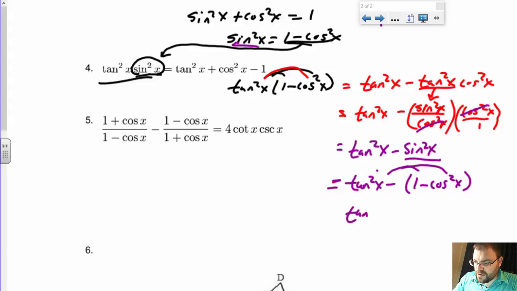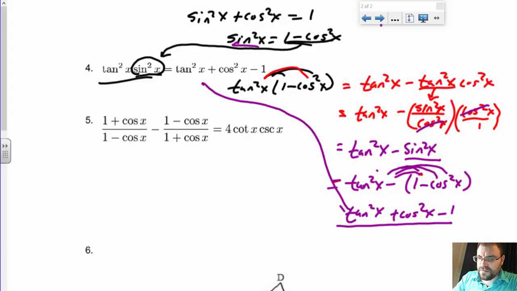So this will give me tangent squared x, and then a negative times, okay, so this negative here times a negative is a positive cosine squared x, and then a negative times 1 is a negative 1. So this right here is actually the same thing as your what? As your answer. Okay.